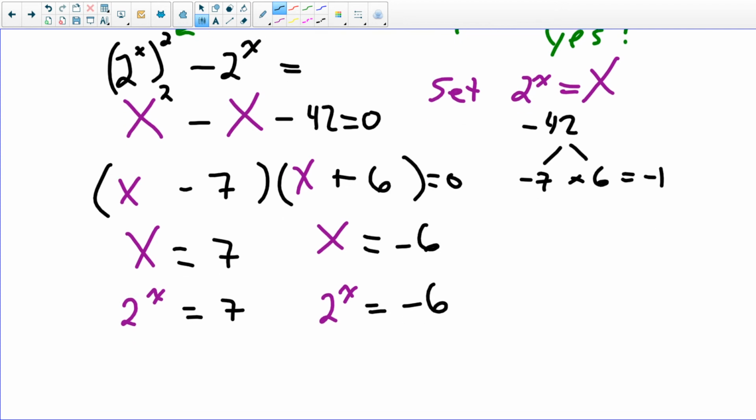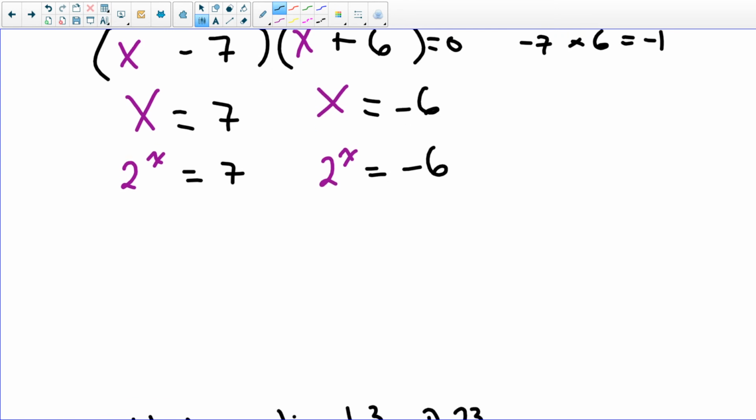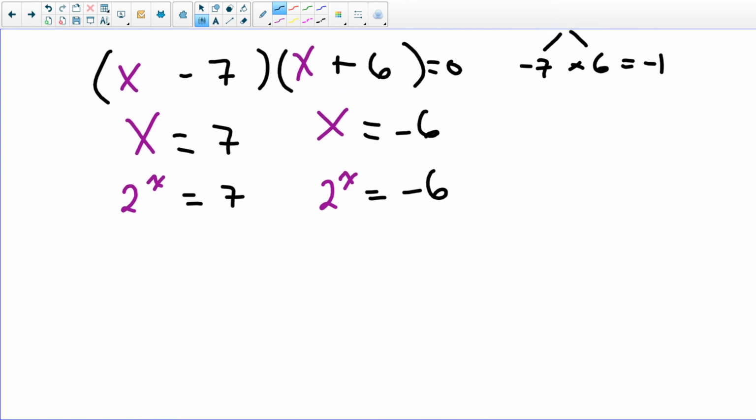And now we have to solve those. Now, these, unfortunately, are going to have to be solved by guess and check. Now, there's something special about this one.